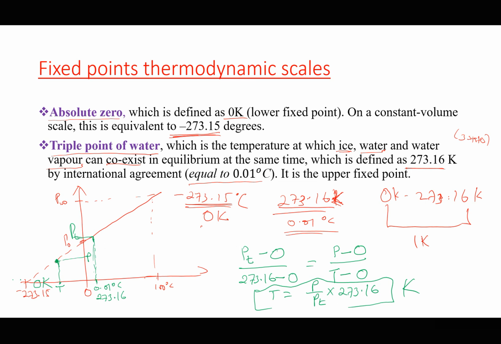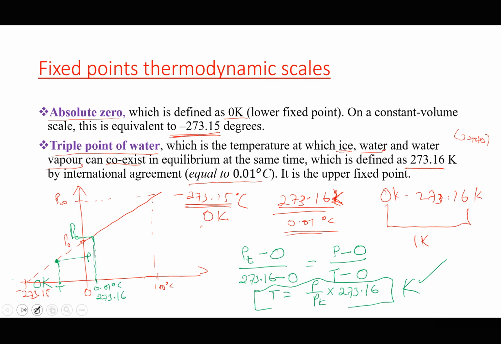I take the gradient again: pressure at the triple point minus pressure at 0 Kelvin, that is 0, divided by temperature at the triple point, 273.16 Kelvin, minus temperature at the absolute 0, which is 0, is equal to the unknown pressure P minus 0, divided by T minus the original temperature, 0 Kelvin. So this gives us the temperature on the Kelvin scale to be equivalent to that value.